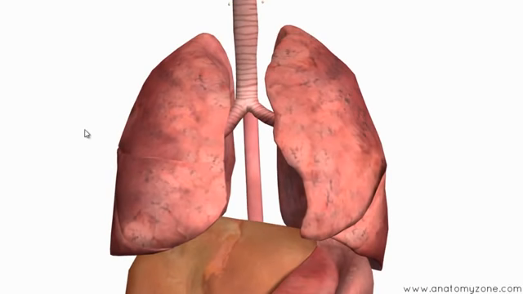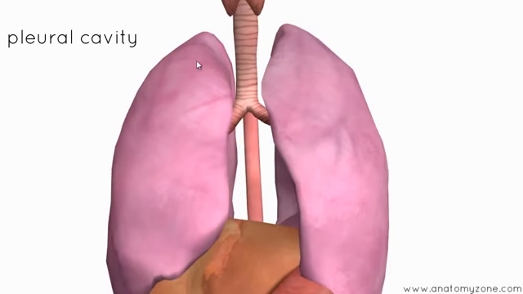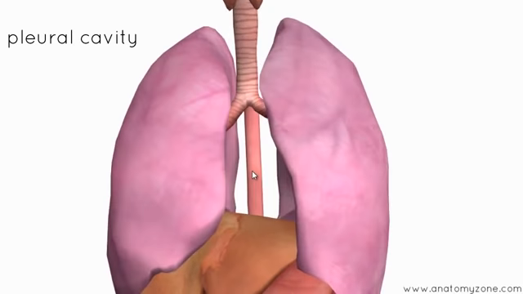So the lungs themselves are surrounded by a pleural cavity, and you can see the cavity here in pink. The pleura, or the pleural cavities, are serous membranes which line the lungs, and there's a visceral pleura and a parietal pleura. The visceral pleura lies very closely to the lung and adheres closely to the lung tissue, and the parietal pleura lines the thorax.